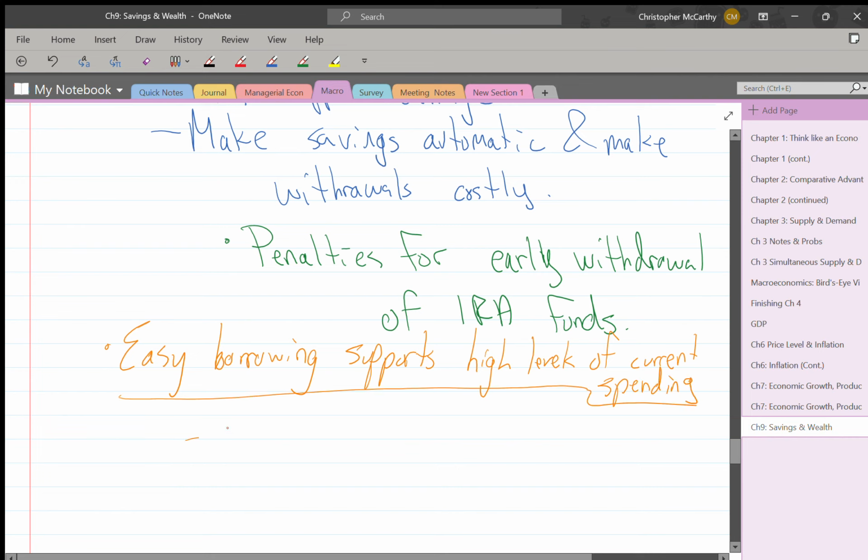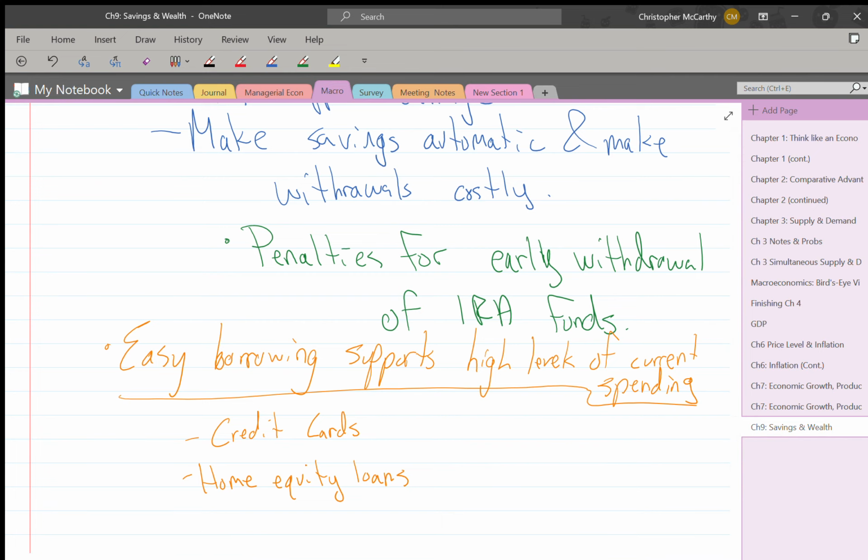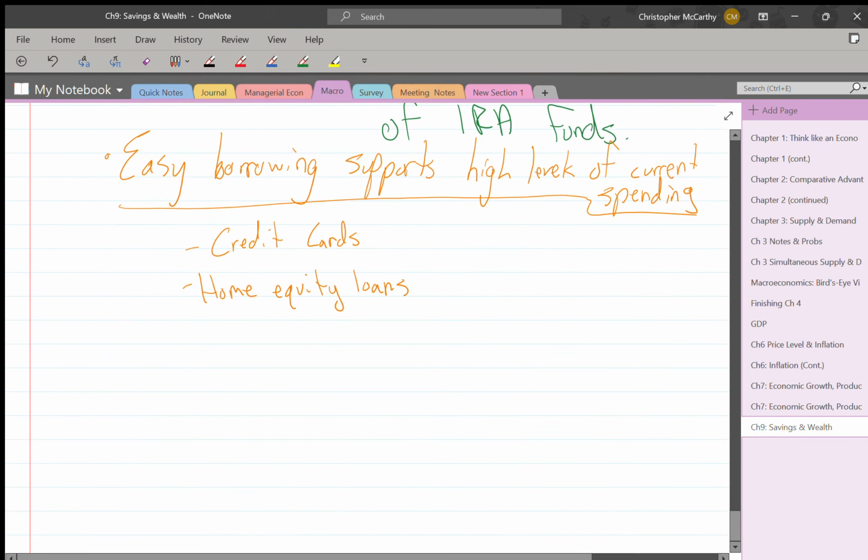So credit cards, home equity loans, reverse mortgage on your house, right? All this stuff is easily and excessively pushed on us so that we will continue to demand stuff.